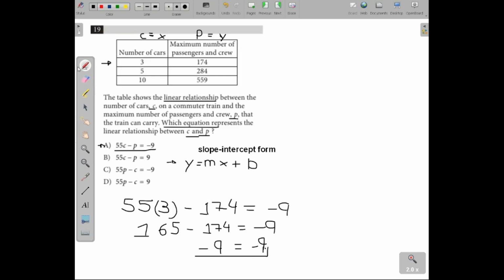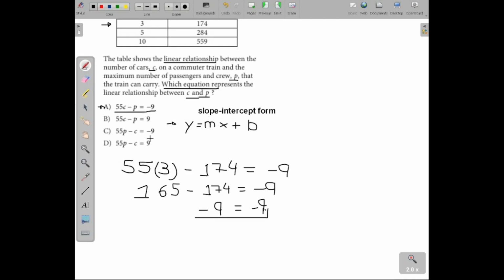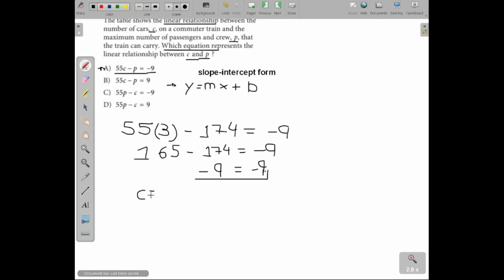But what about if C is equal to Y and P is equal to X? So it could be 55 times 174 minus 3 equal to -9.